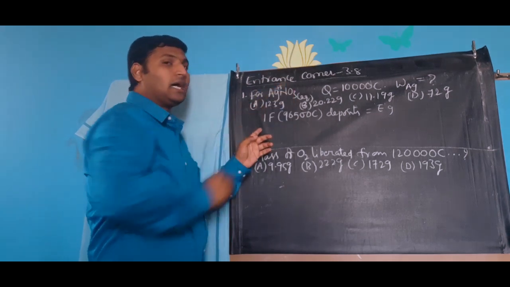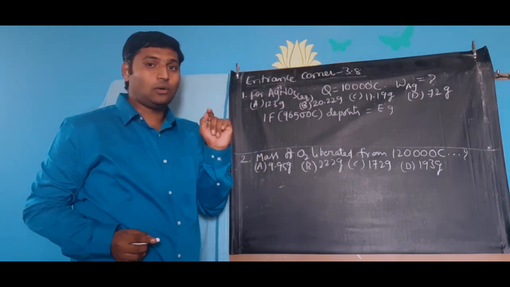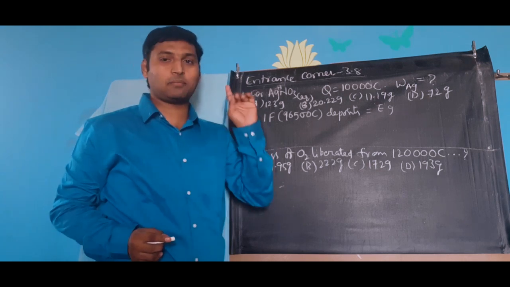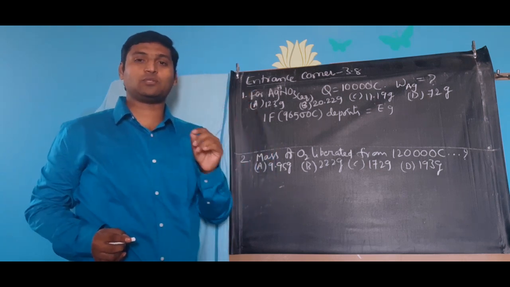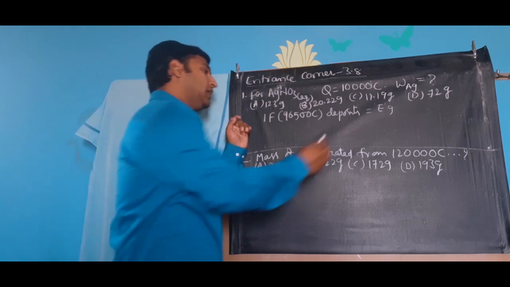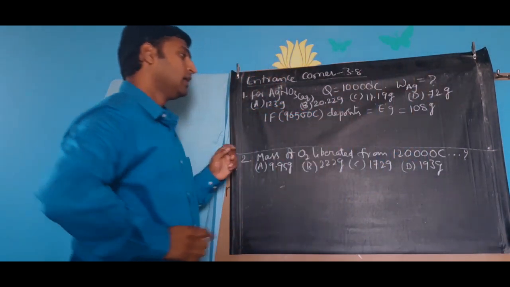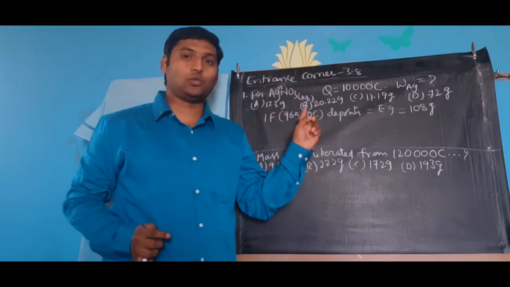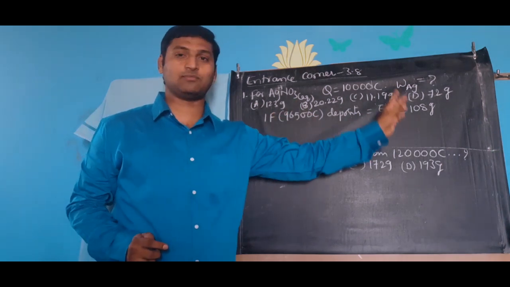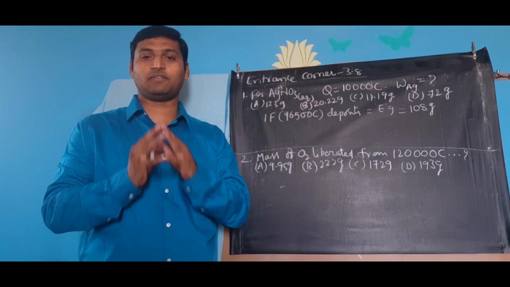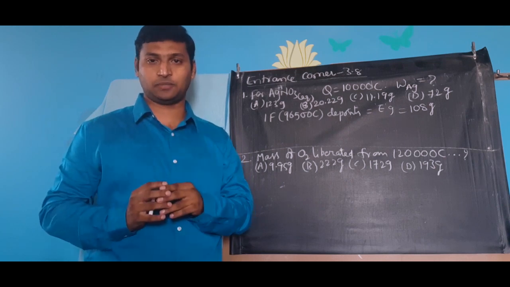It is showing a charge plus 1. So, its valency is 1, atomic mass is 108, so equivalent mass will be 108 divided by 1, that is equal to 108 only. Now, 96,500 coulombs deposits 108 grams of silver. This is what we have established in the last session.